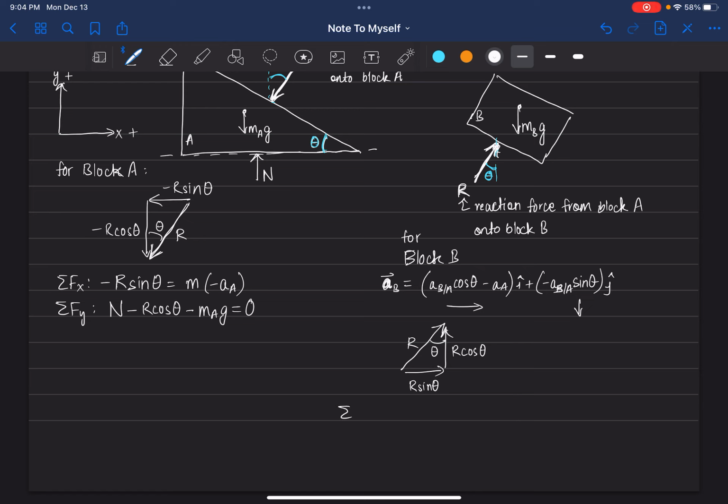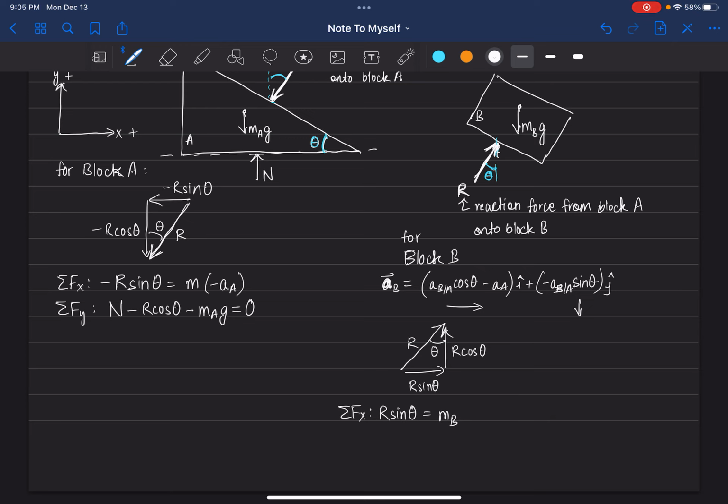So if I do the summation of Fx, I get R sine theta equals m of block B times the acceleration in the x direction.